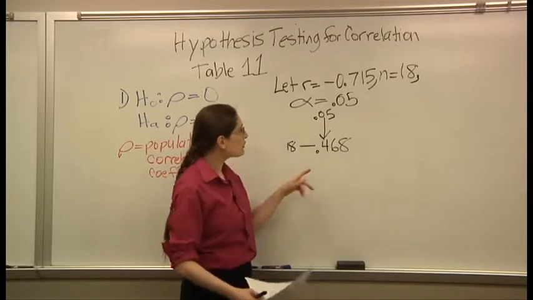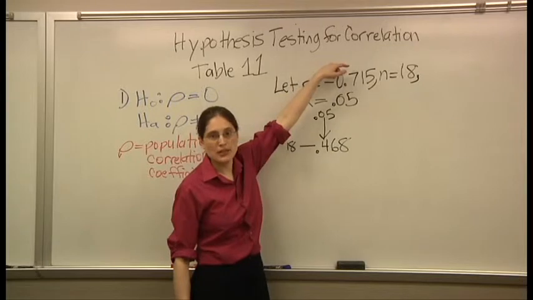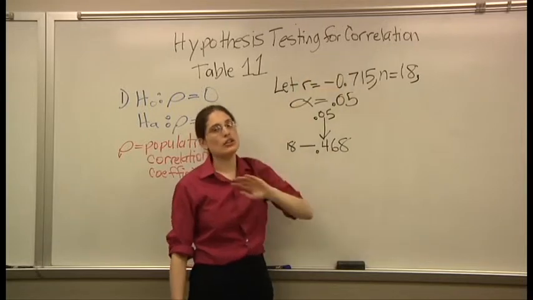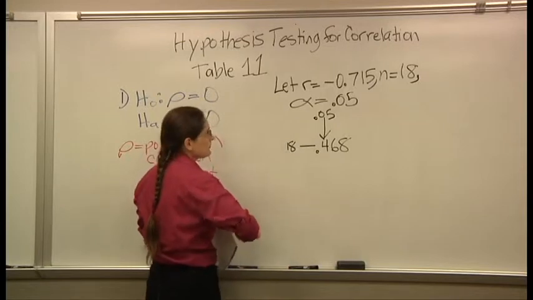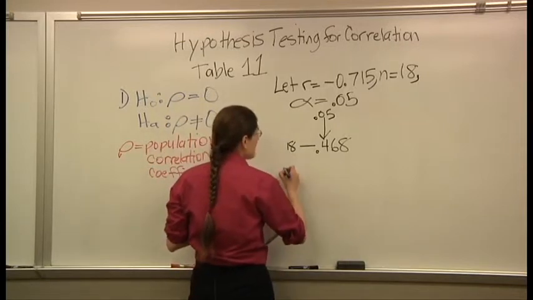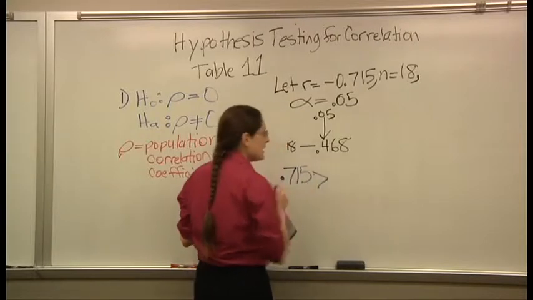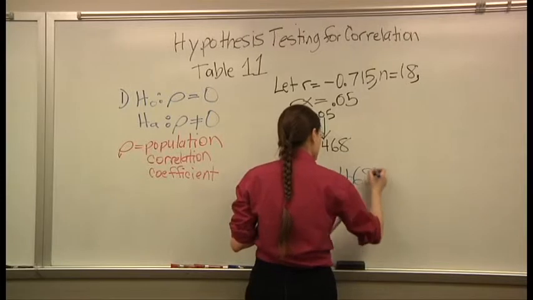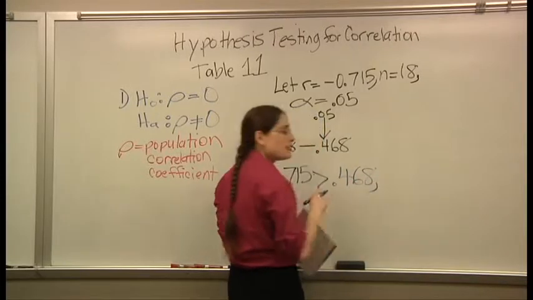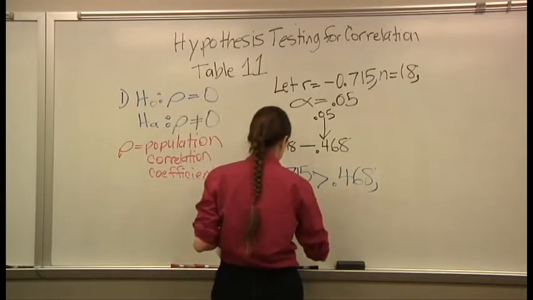And to make your conclusion, you just have to see, is R bigger or smaller, ignoring any negative signs. So, 0.715 is bigger than 0.468, so you reject the null hypothesis.